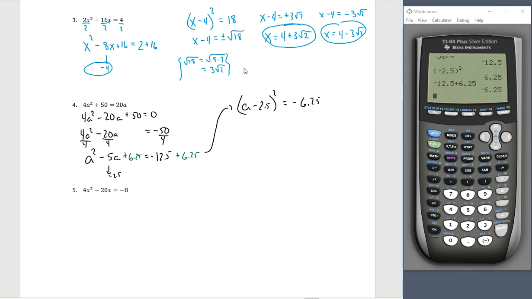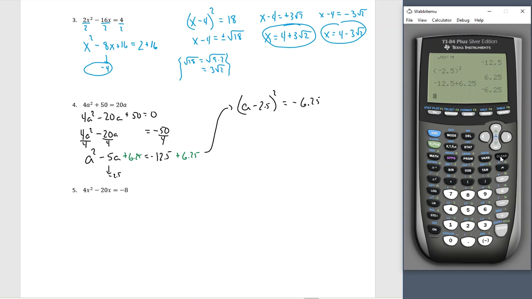But remember, we can't have a square equaling a negative. This says no real solution. I'm using disappearing ink. I don't know where it went. No real solution. So I think to myself, how is that even possible?